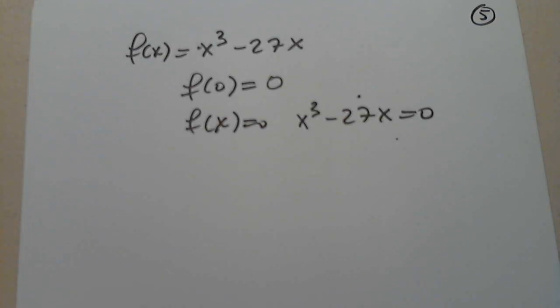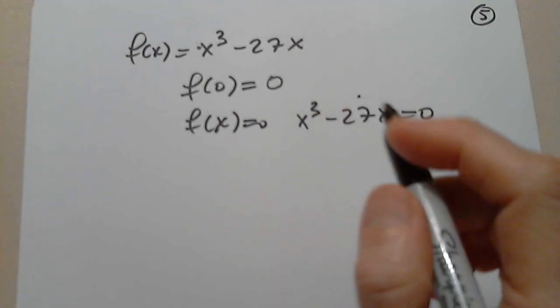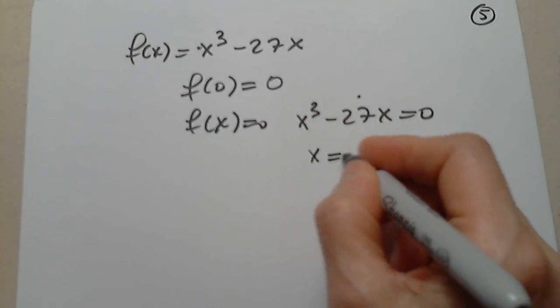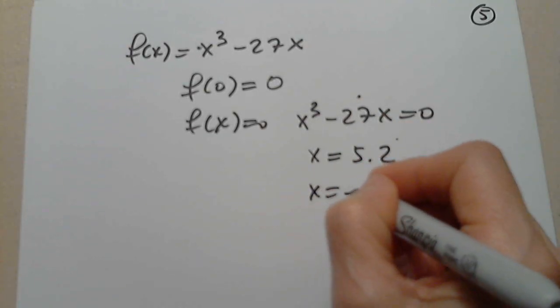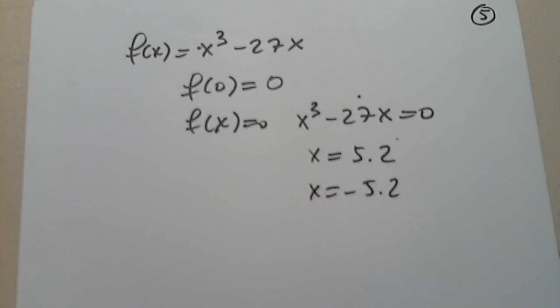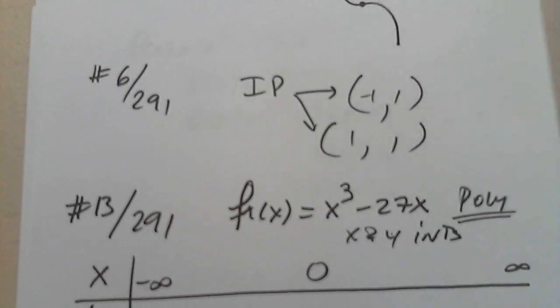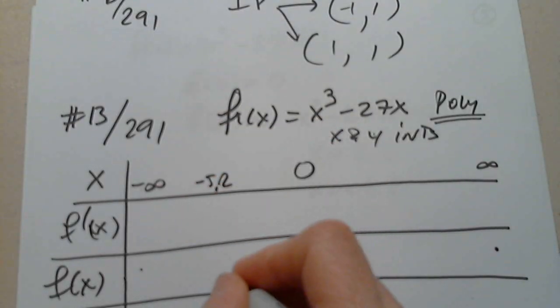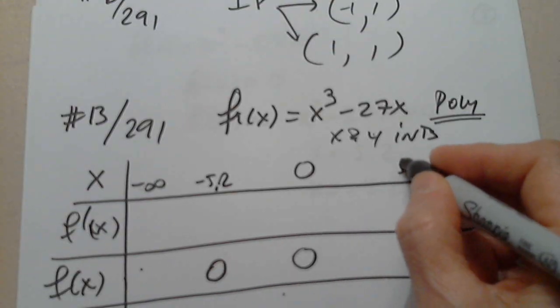And then click on graph. So I found 2 solutions, and I already had the 0. So I have x equals 5.2 and x equals negative 5.2. And I put them in the table, right here. Negative 5.2 and 5.2.